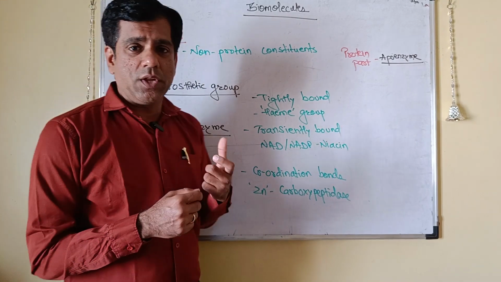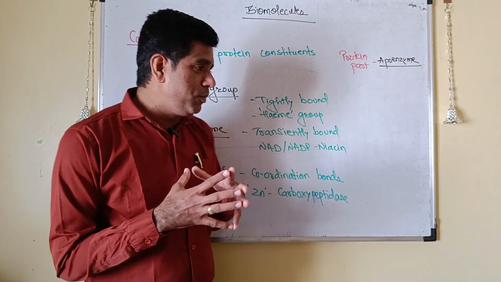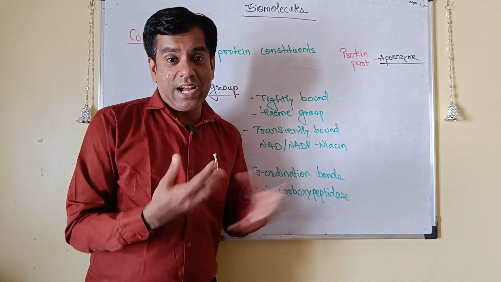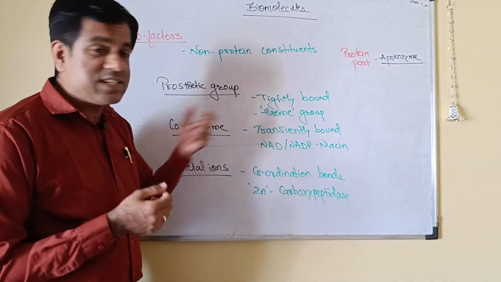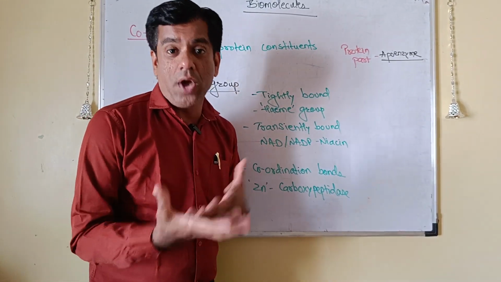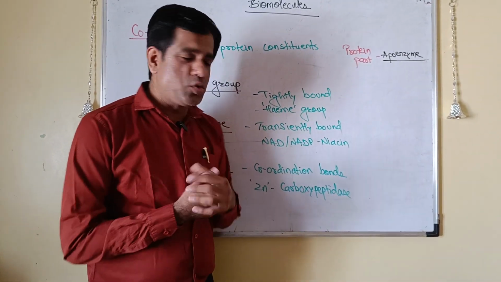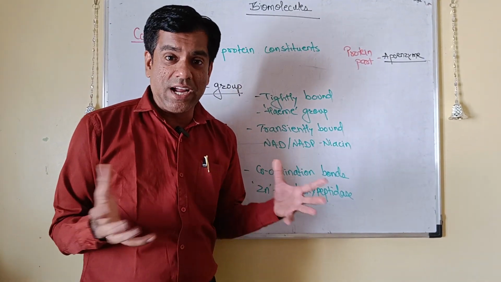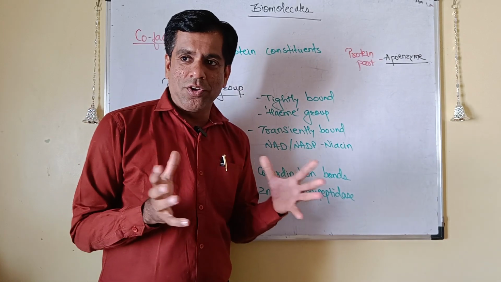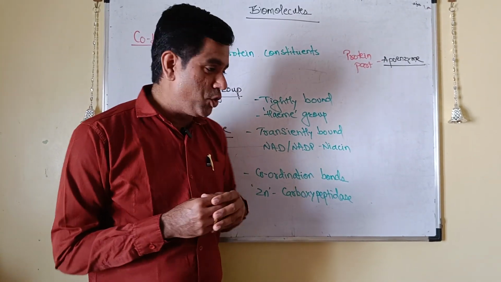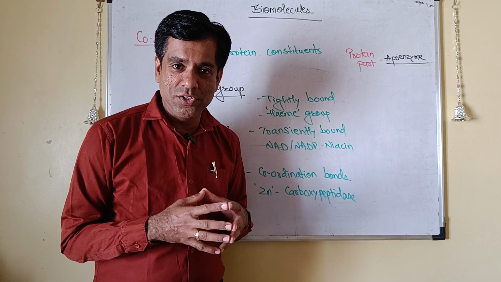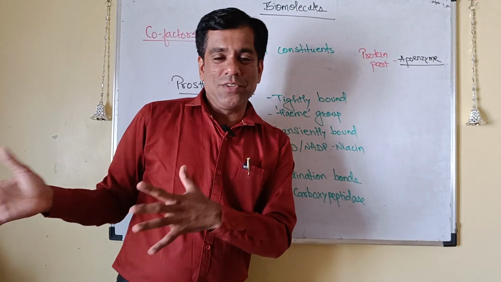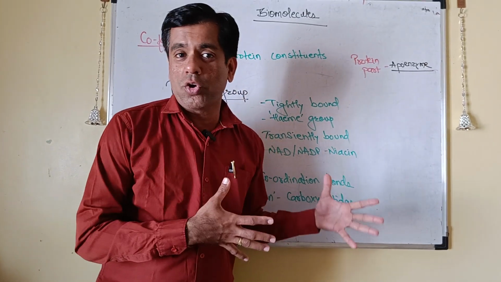The coenzyme is again a cofactor, again an organic molecule, but it is transiently attached. It comes and binds to the enzyme whenever the reaction is to be catalyzed, right? This transiently bound cofactor, the coenzyme, is mostly a vitamin. You have niacin. Earlier, niacin was referred to as nicotinic acid, which sounded like nicotine, which is present in tobacco. So probably some people thought that tobacco is nutritious and a source of vitamin, which is not true because that is nicotine, and here we are talking about nicotinic acid.